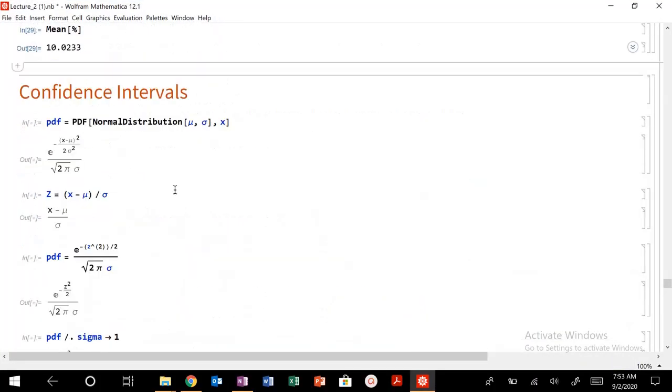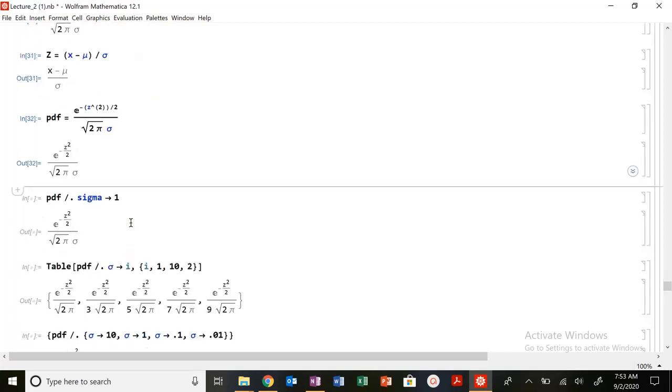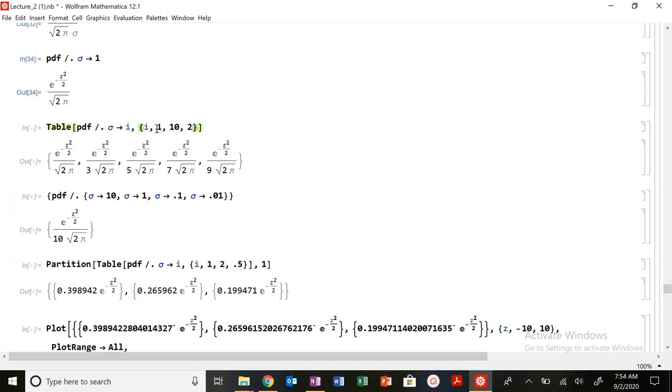Here is my probability density function, my PDF. Here's my z value, just substituting it back in. If I put sigma equal to 1, I reproduce this, and I can get these different values.